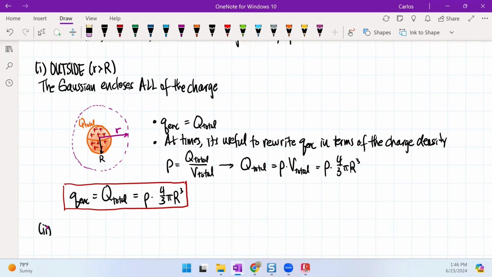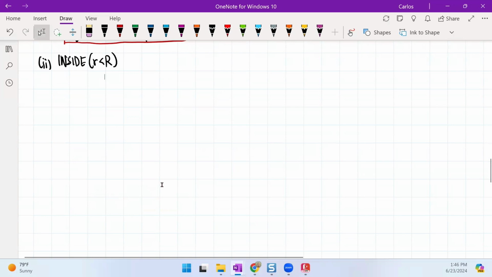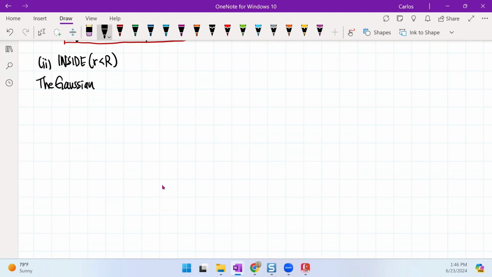So now we're talking about inside. We want to calculate the field inside the dielectric. In this case, the Gaussian only encloses a partial amount.